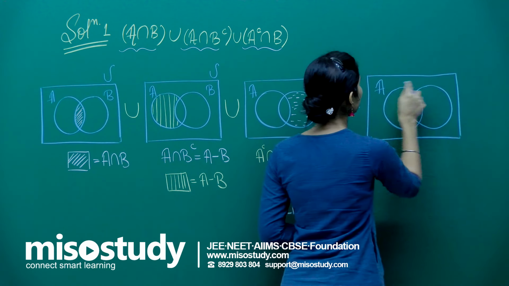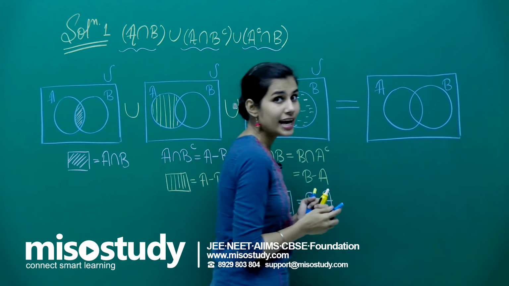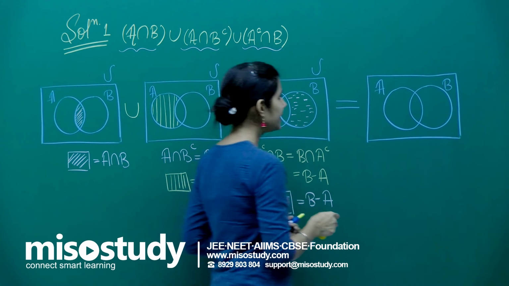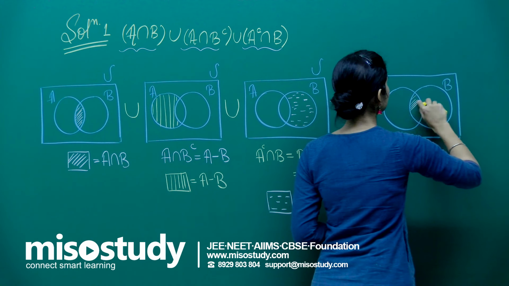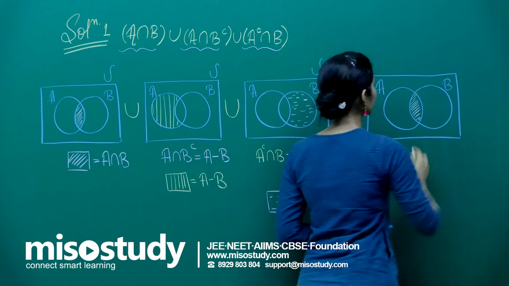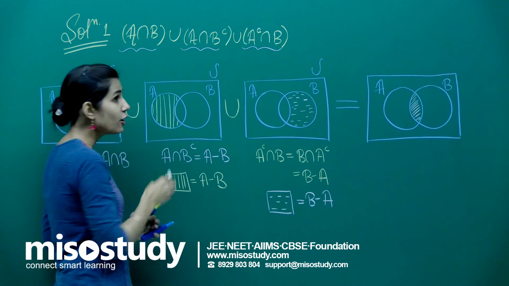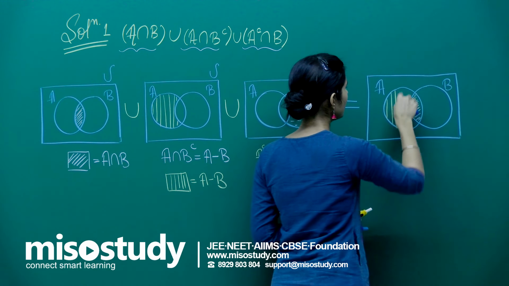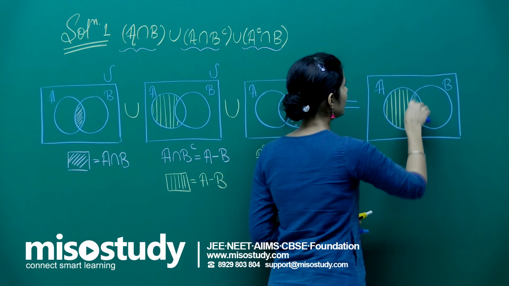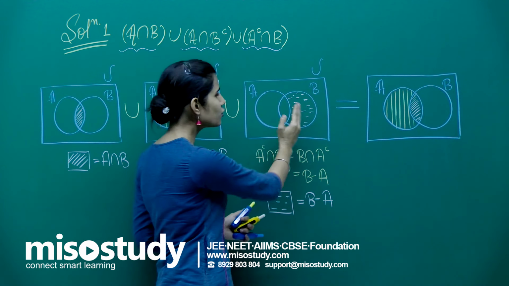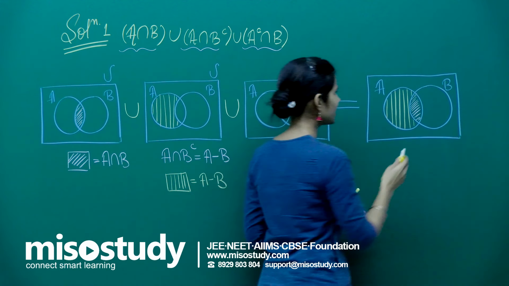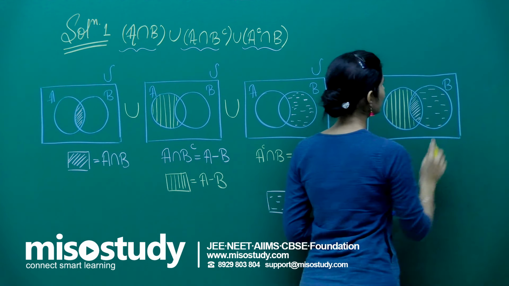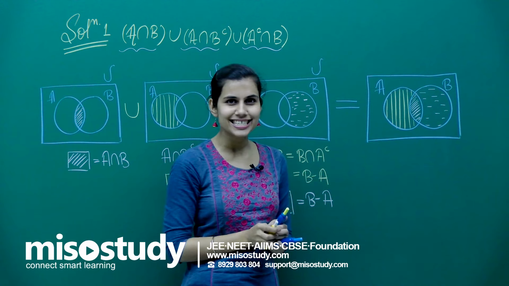The Venn diagram that we obtain should have the intersection portion. That means this should be present. The next says this yellow shaded portion should be present. And the third one says this white shaded portion should be present. What is this?